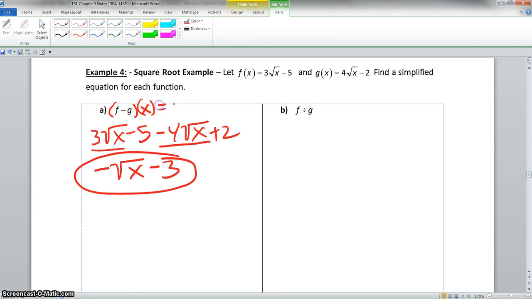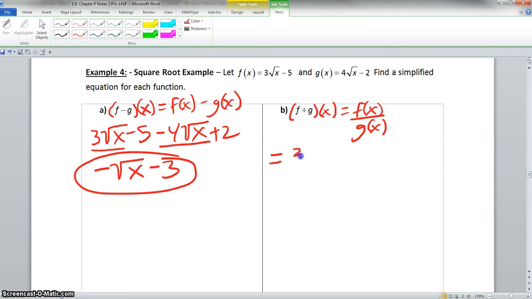So I write that down as equal to f of x minus g of x. And that's how we substitute in the values here. Now the same thing for f divided by g of x. So this is the same as f of x divided by or over g of x.